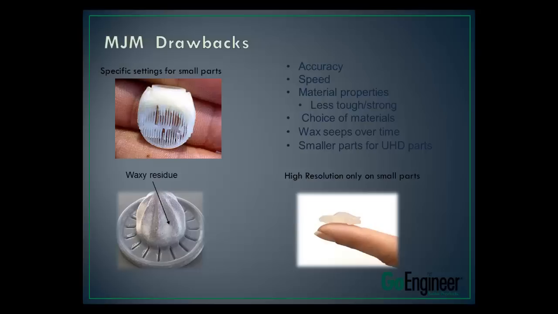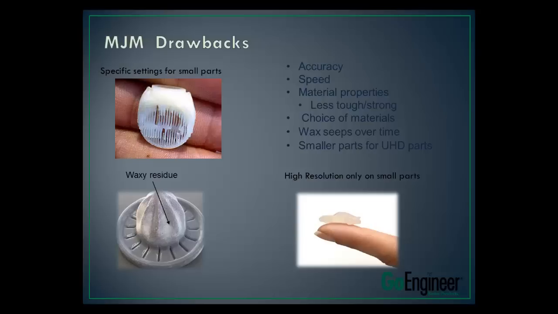So if you're painting this or sanding it or finishing it anyway, paint doesn't want to stick to these parts because there's wax on it. If you do clean it up enough and seal it well enough, the paint will bubble, the paint will peel off because that wax just wants to seep out of that part. There are ways to kind of force the wax back in, but you're never going to get totally free of that waxy residue.